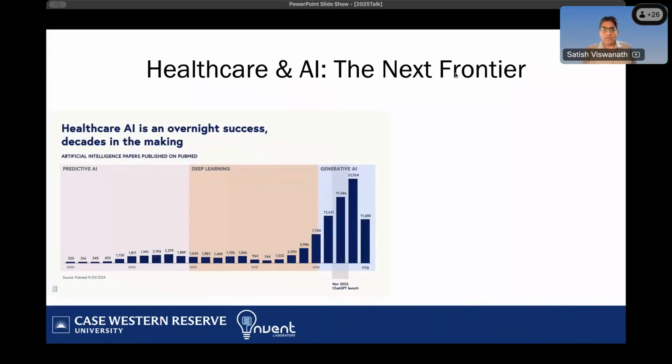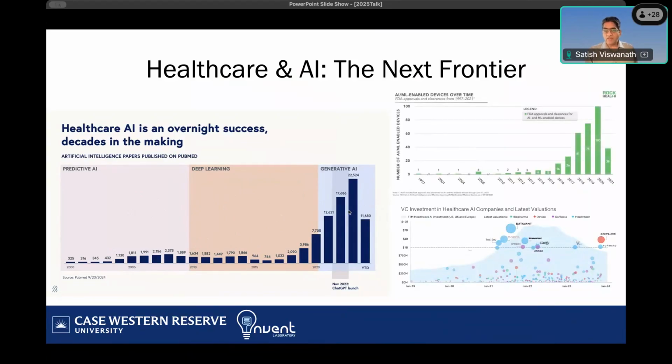So we've seen a lot of research on healthcare AI. We've seen these different eras of machine and deep learning and different kinds of artificial intelligence over the last almost 25 years now. You started out with predictive models about 15 years ago. We started seeing the first applications of deep learning. And then, of course, everyone is very familiar with the recent impacts and advances through the use of generative models.